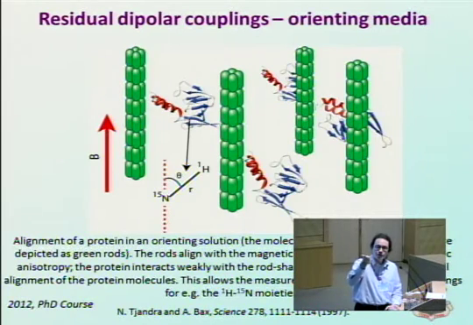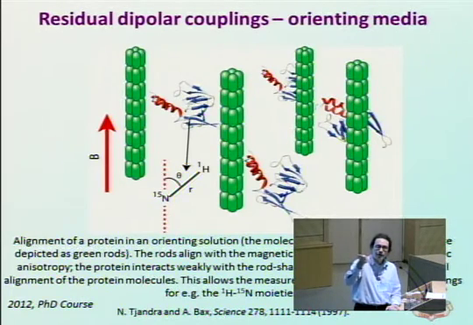So you get non-specific interactions between the protein and the orienting agent, which in turn makes the protein partially orient with the field, because this thing is strongly aligned to the field, as the picture depicts.